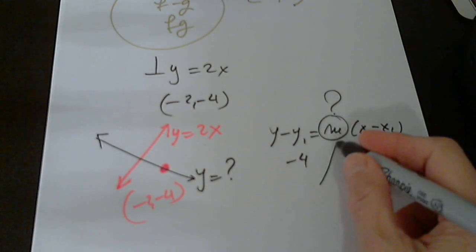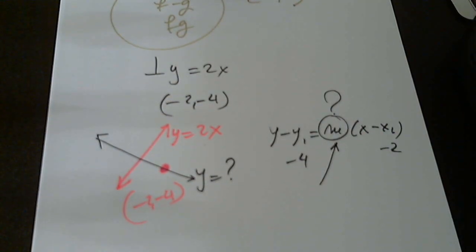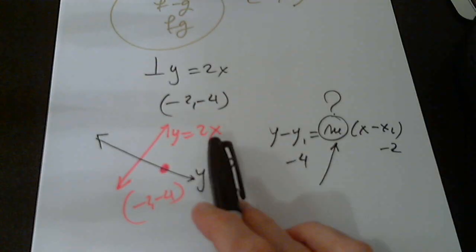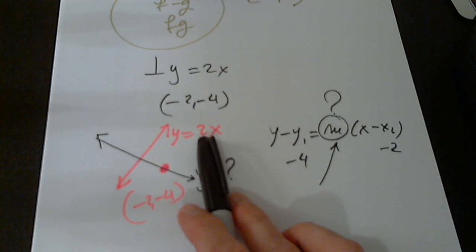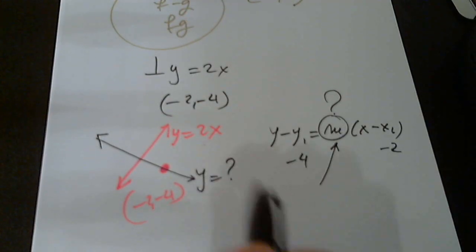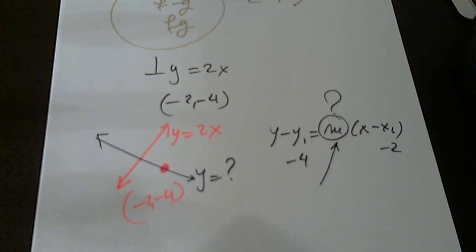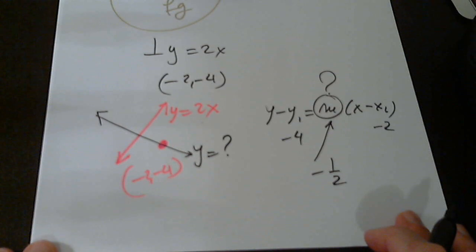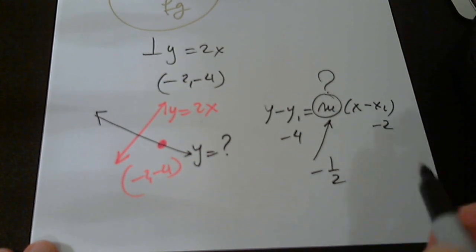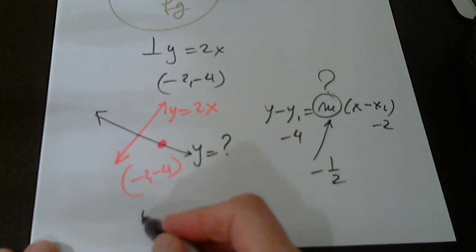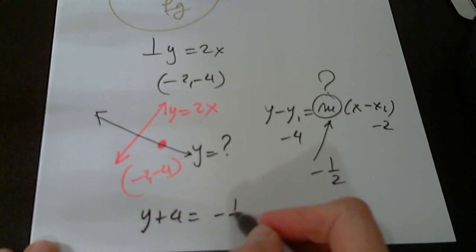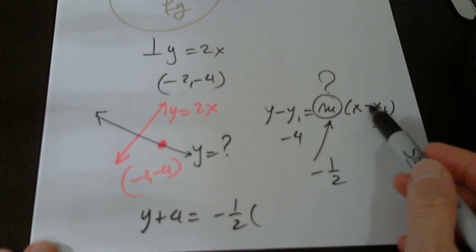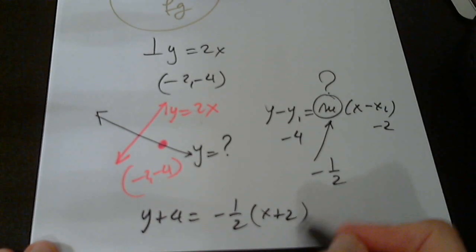So how much is the slope? Would it be 2? But it would be 2 if they were parallel. -1/2. The negative multiplicative inverse, yes. So y minus minus 4 is y plus 4, equals -1/2 times x minus minus 2, which is x plus 2.